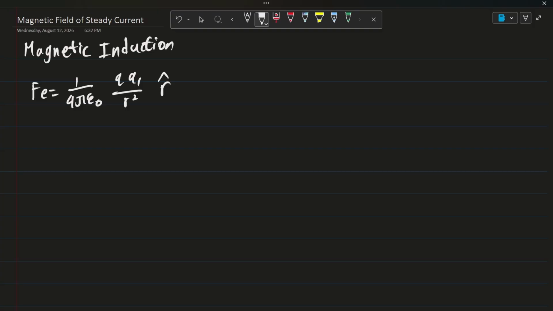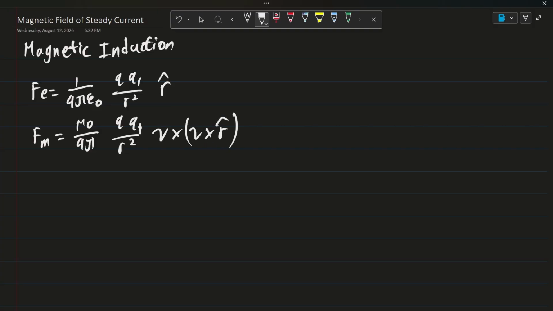People tried to do experiments and found that the force on moving charges, which we'll call the magnetic force, is defined to be mu 0 over 4 pi times q times q1 over r squared, something very similar to the electric field, multiplied by v cross r hat.